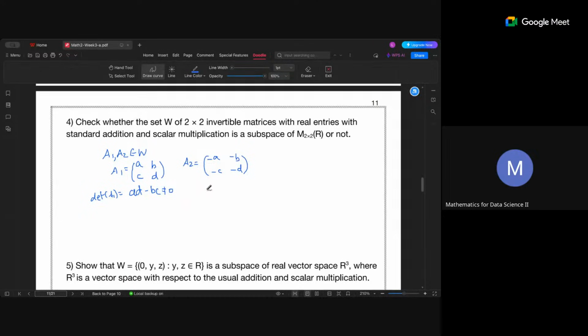Now, what can you say about determinant of A2? Again it is also non-zero. So both A1 and A2 are invertible matrices. Now, what is A1 plus A2? Is this invertible? No, ma'am. Okay, so W is not a subspace.